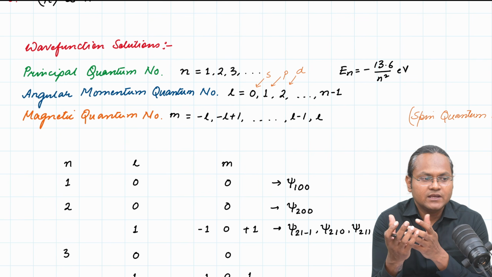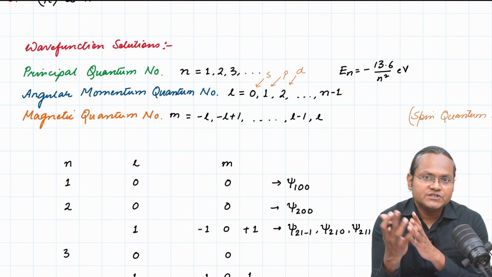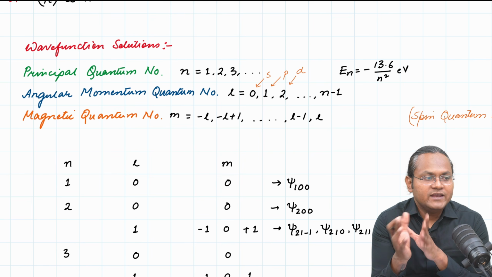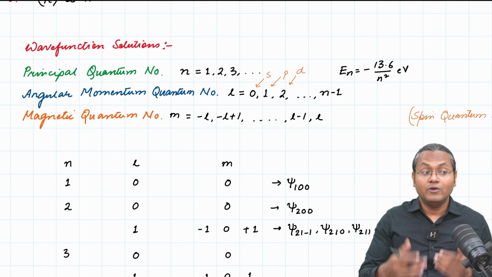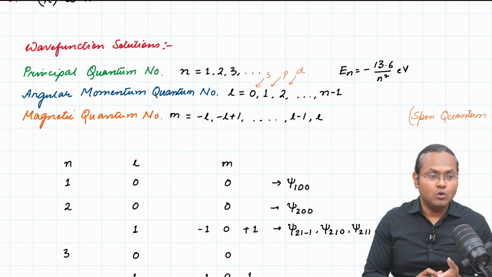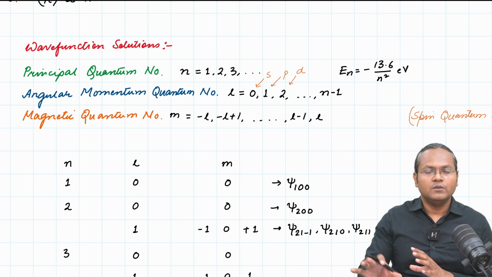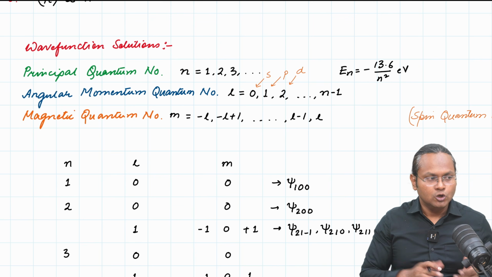It's an intrinsic angular momentum that subatomic particles and electrons have. This is something that is predicted by the relativistic version of the Schrödinger equation, not the non-relativistic version. So right now we are in the domain of non-relativistic Schrödinger equation quantum mechanics, where the spin quantum number is not yet included.